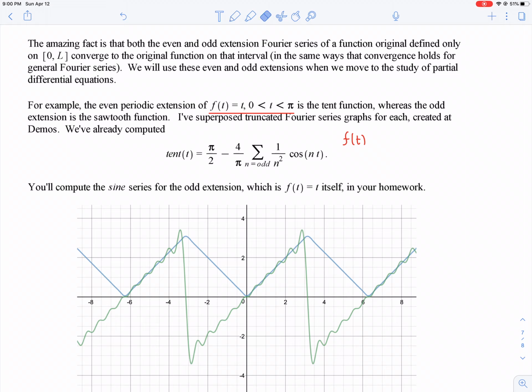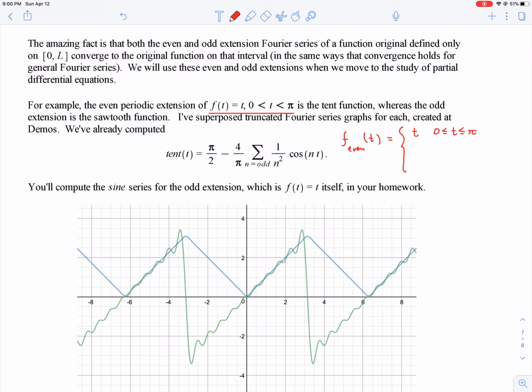So the even extension will be t for 0 less than or equal to t less than or equal to pi.